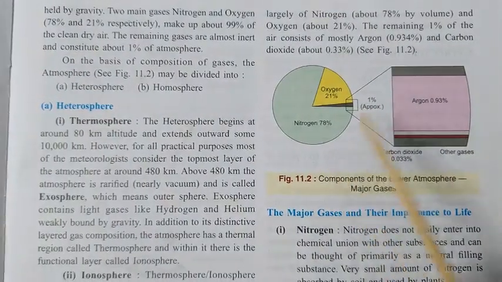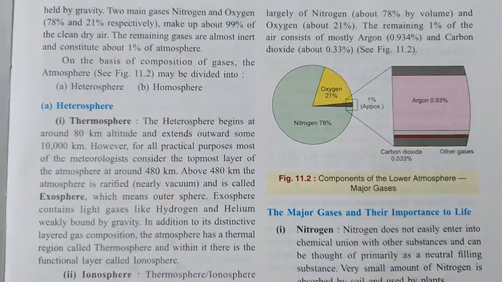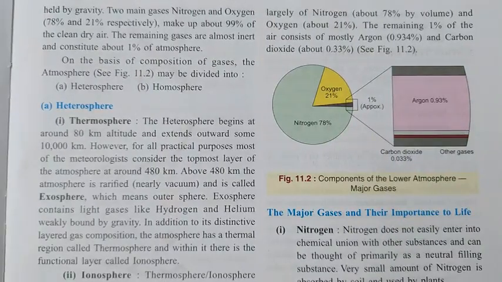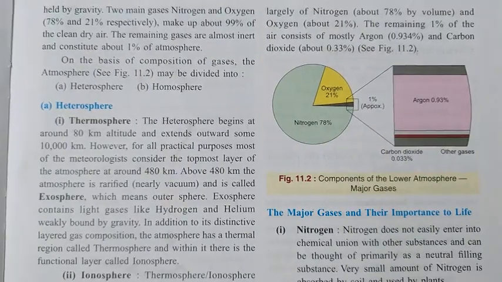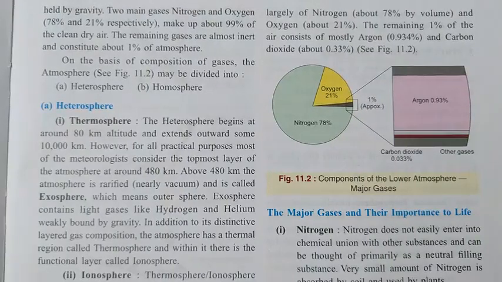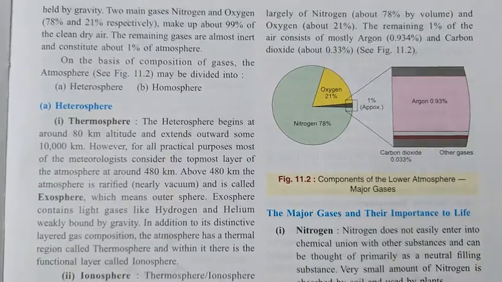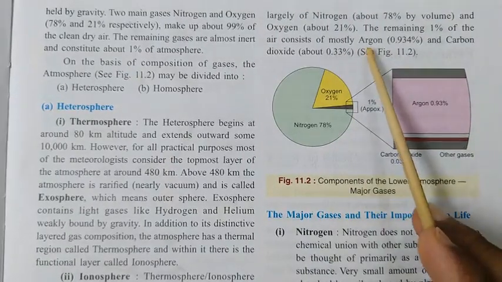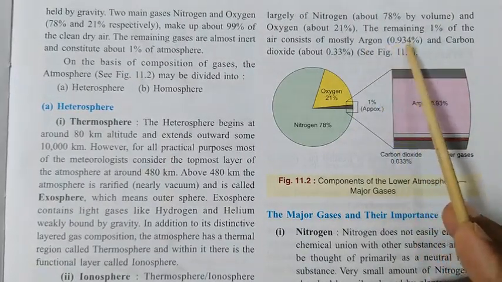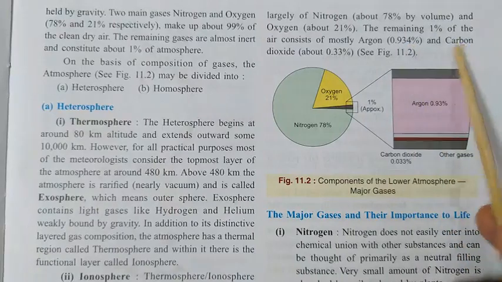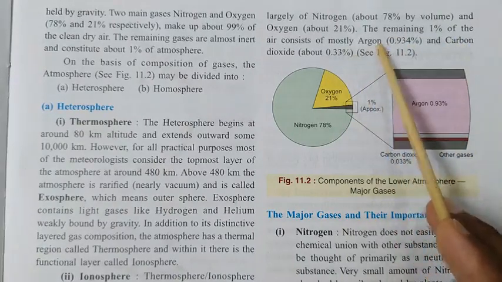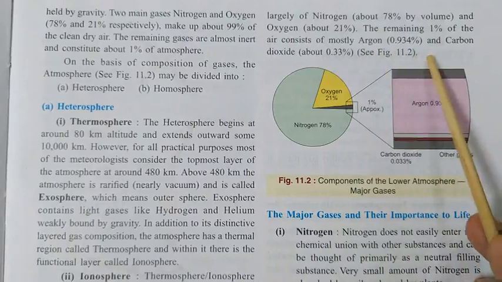Nitrogen, 78%, and oxygen, 21%, constitute the major part of the atmosphere. The remaining 1% of the air consists of important gases like argon, 0.934%, and carbon dioxide, 0.03%.